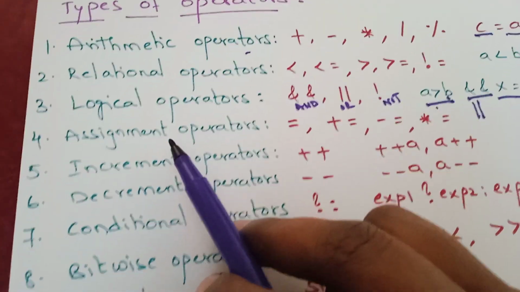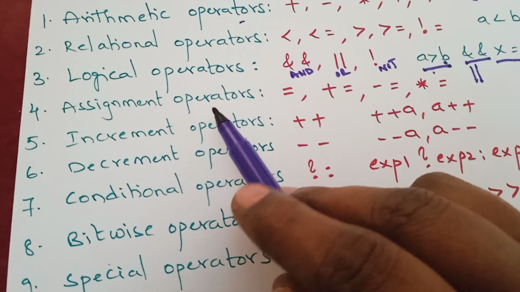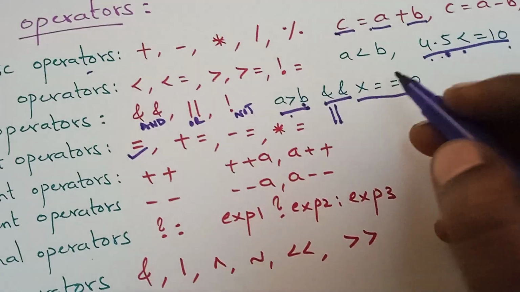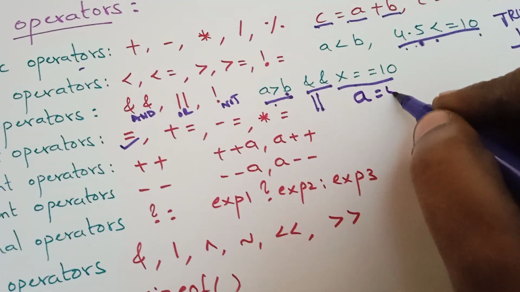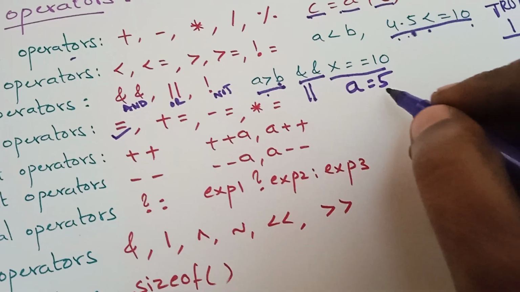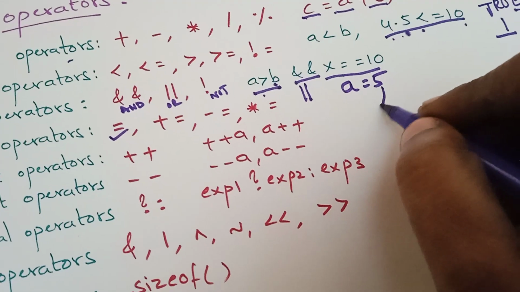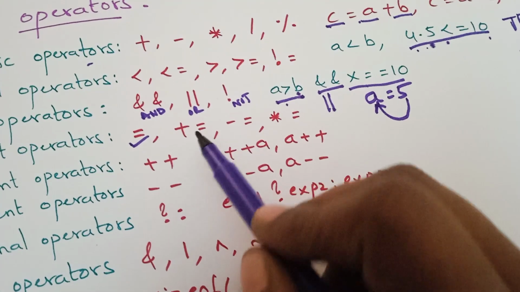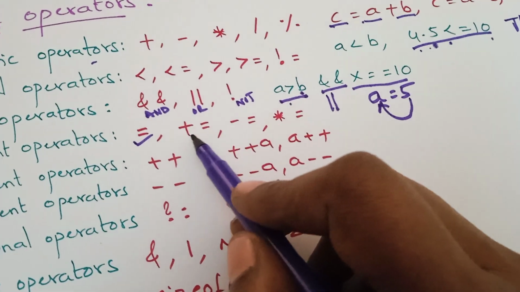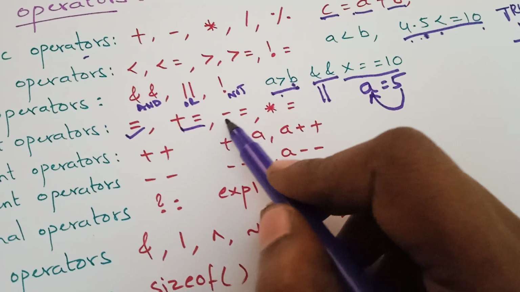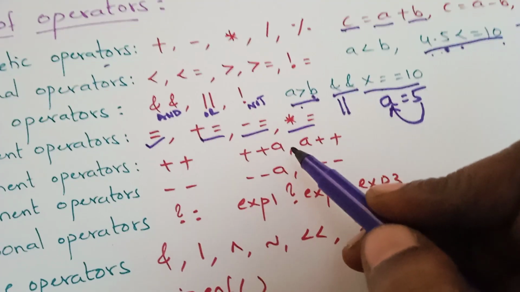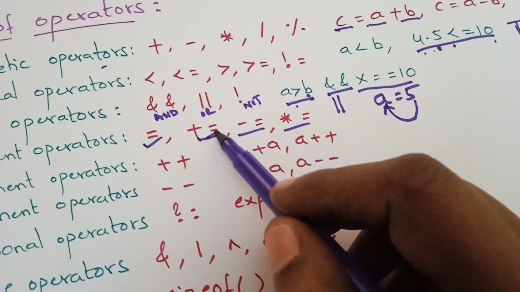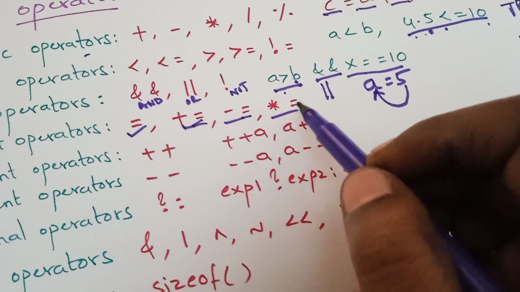And the fourth category is assignment operators. The assignment operator symbol is equal to. That will assign a value into the variable, something like this: a is equal to 5. What does it mean? That I am assigning the value 5 into the variable a. Now these are familiarly known as shorthand operators: plus equal to, minus equal to, asterisk equal to.